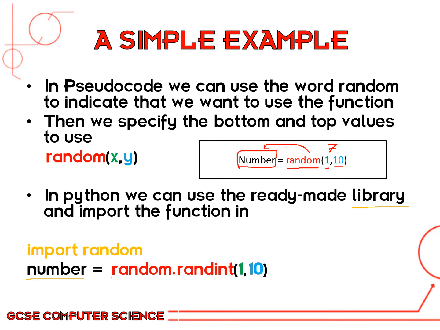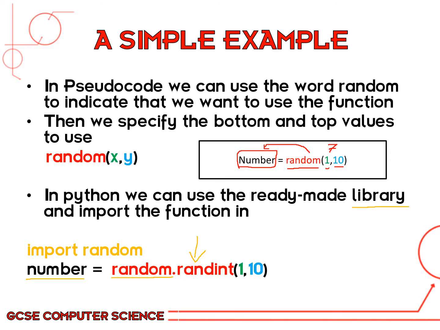The first little bit of code, random, specifies the library that we want to use during this particular piece of code. And as part of the random library, there is a function already in there called randint, and that generates a random integer.